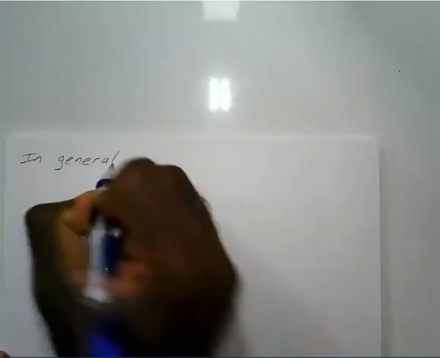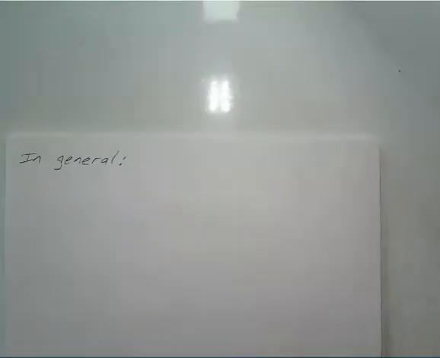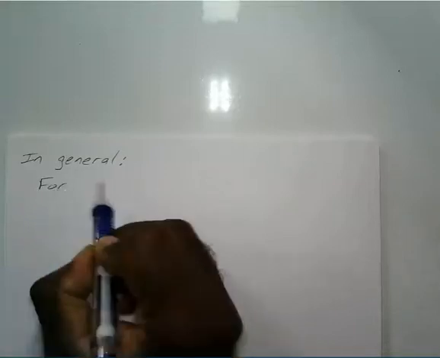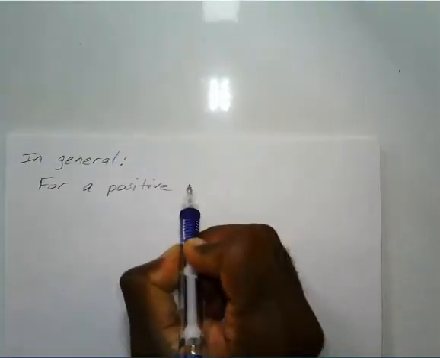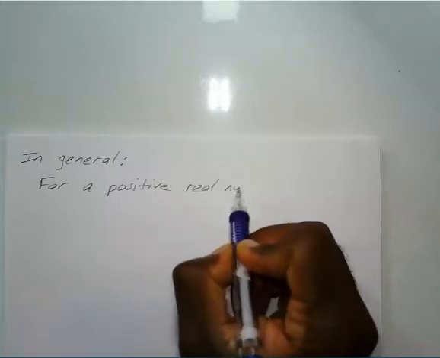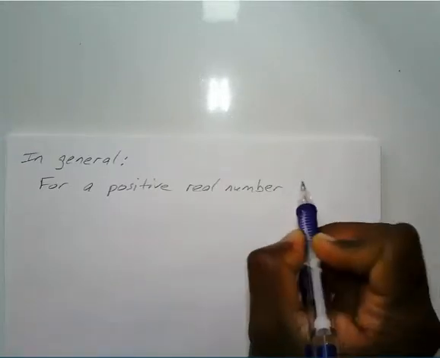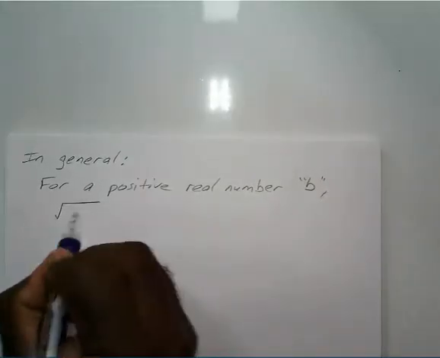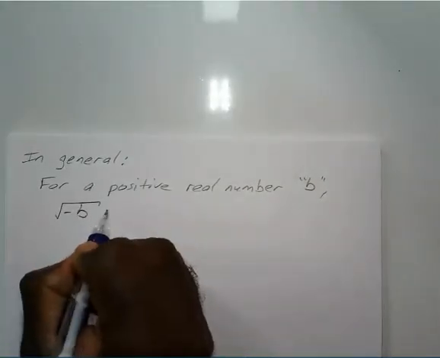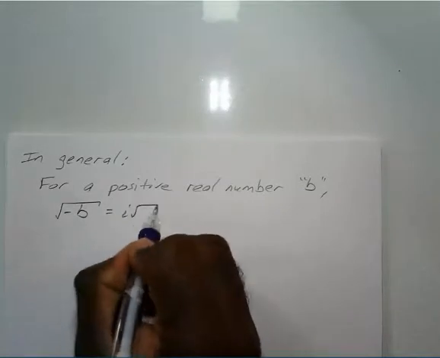All right. So those examples in general, you can have for a positive real number b, square root of negative b is equal to i times square root of b.